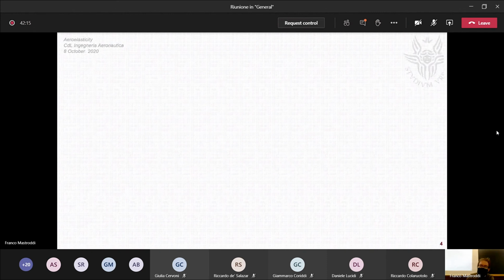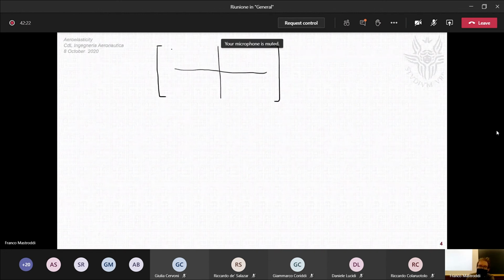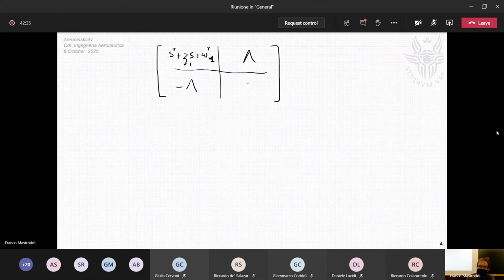When I solved this problem, for S equal to Sn, I can determine an eigenvector Wn.